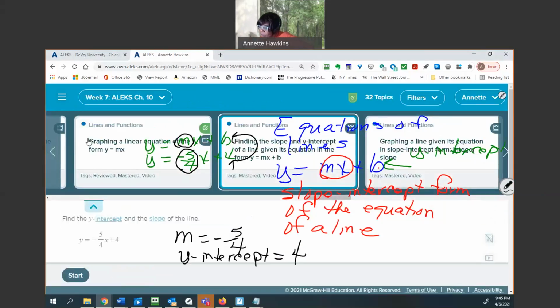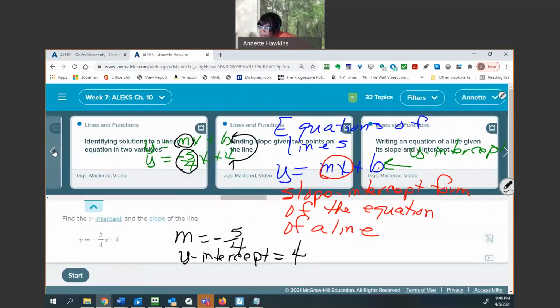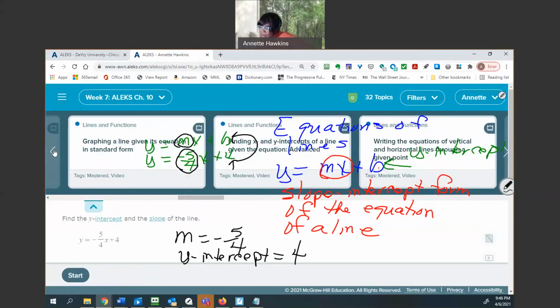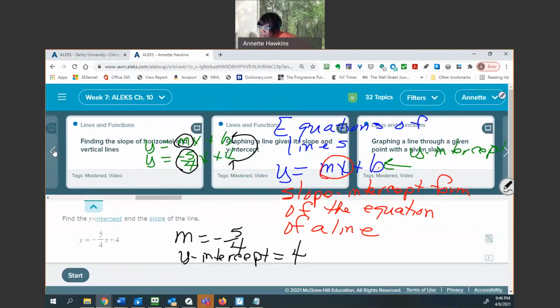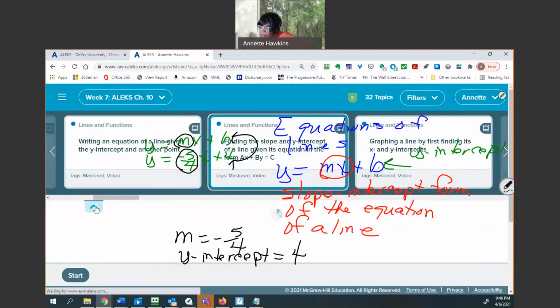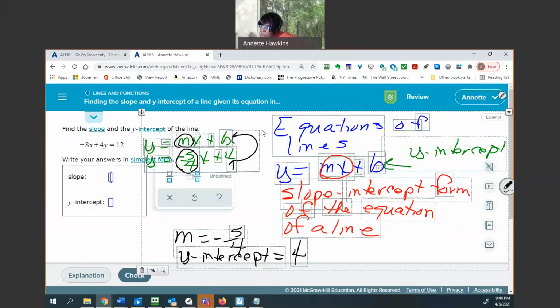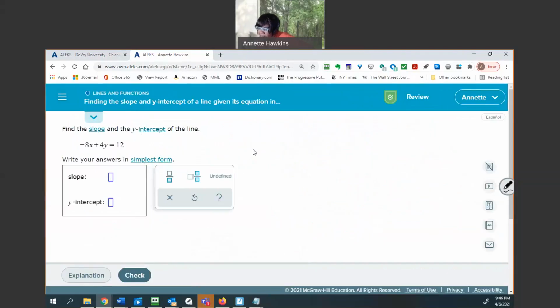Okay, let's continue. It says find the slope and y-intercept of the line.